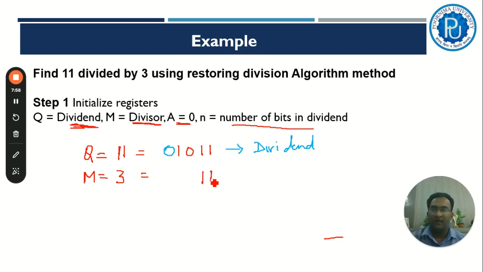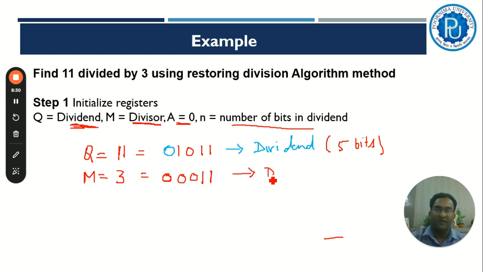Okay, and now, as the minimum number of bits to represent 3 is 11, and the dividend is having the number of bits 1, 2, 3, 4 and 5, total 5 bits, we are going to take the divisor also of 5 bits. So we are making the same length. We are going to have 3 bits in front of 11 to make the divisor there.